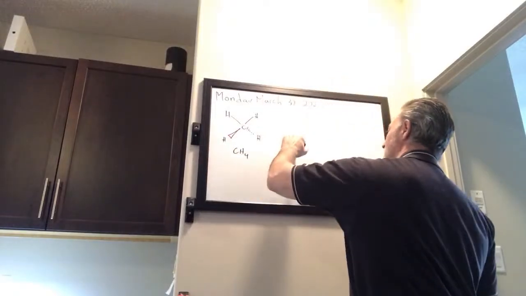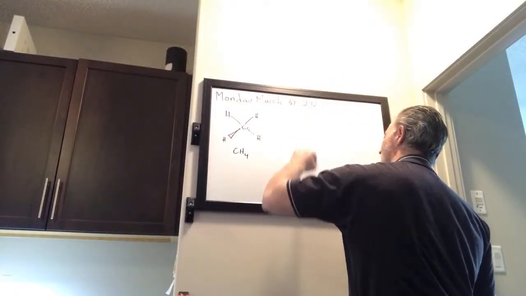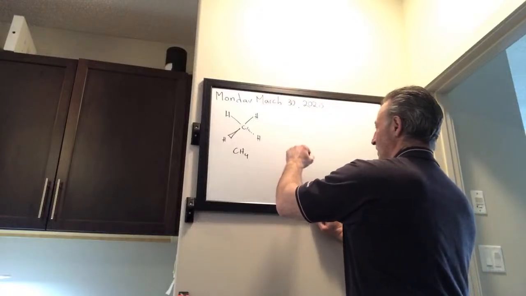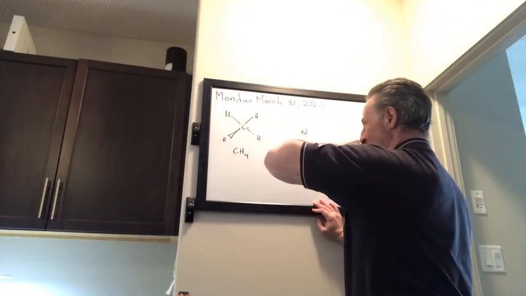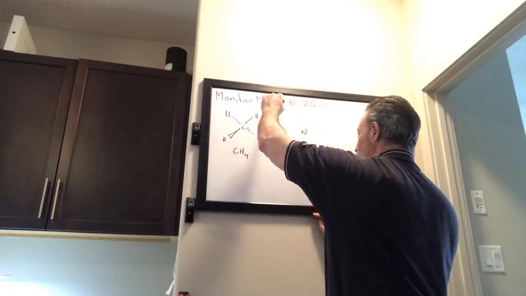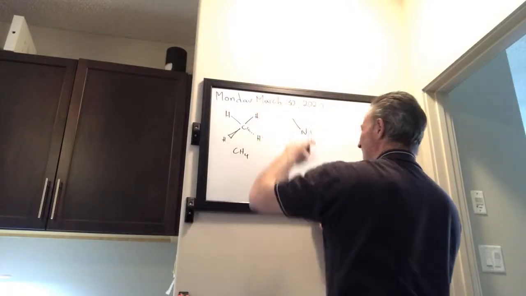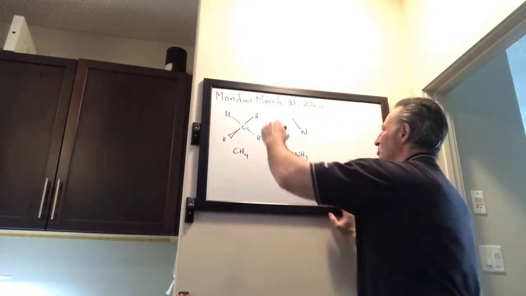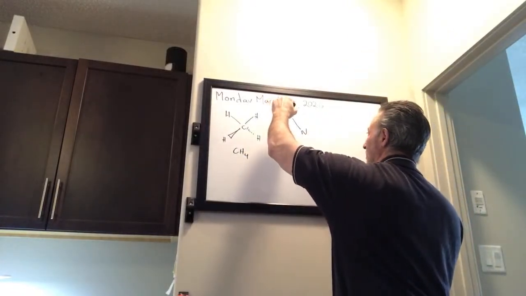If you were to look at the geometry of ammonia, which by the way has a lone pair on the nitrogen atom, the nitrogen atom is the central atom, and again it's got a tetrahedral archetype, but you don't see that lone pair, although it's still there.